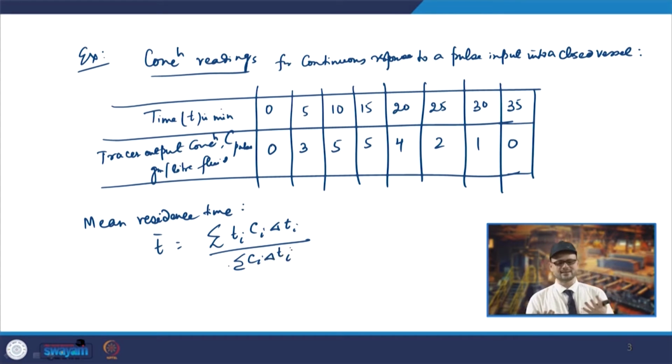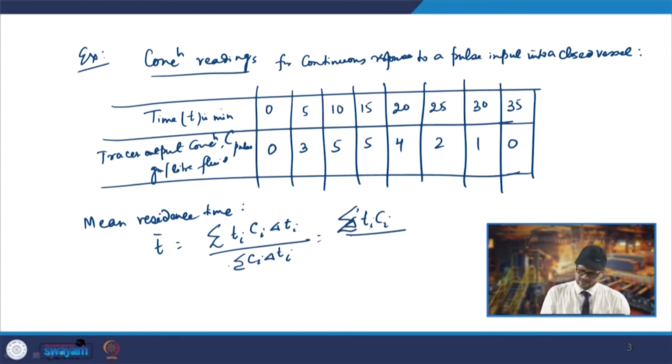As delta T is constant, you write it as the summation of Ti Ci divided by the summation of Ci.